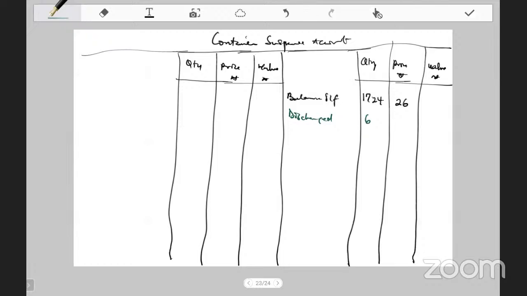If we're using container suspense accounts, we're not going to find sales proceeds? The container inventory account will be used to determine the profit. I understand now, sir.